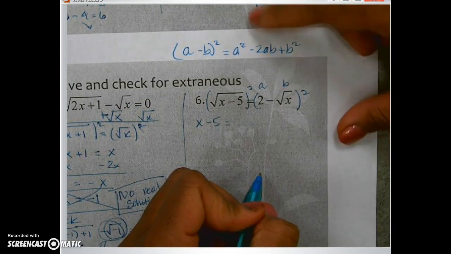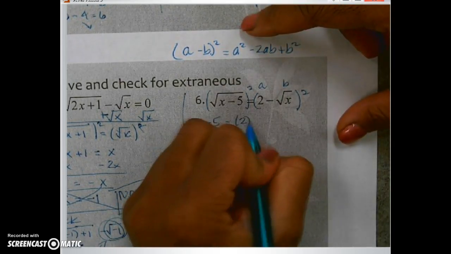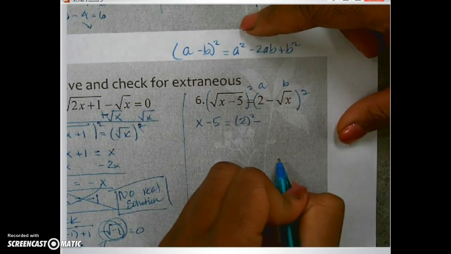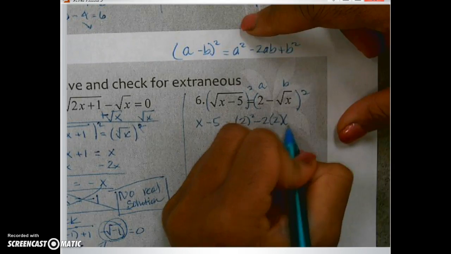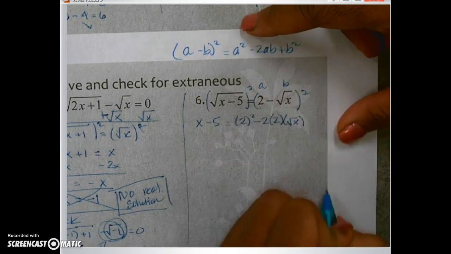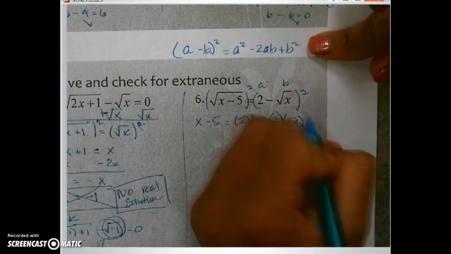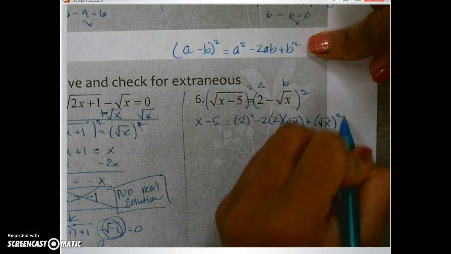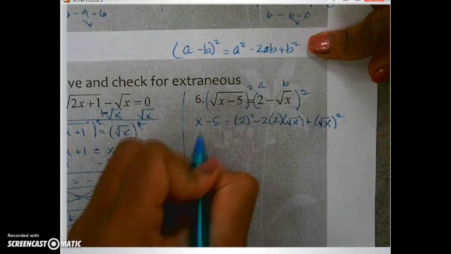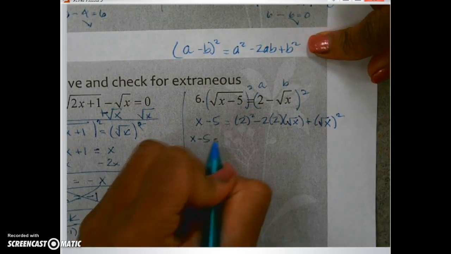So when I multiply this out, I have 2 squared minus 2a, which is 2, b, which is radical x, plus b squared, plus radical x squared. Okay, x minus 5, simplified already, that's delightful.